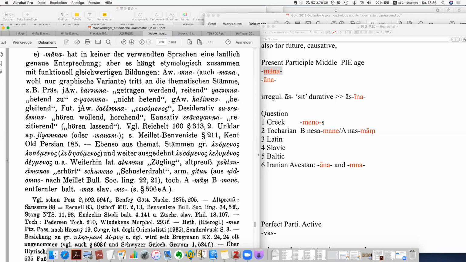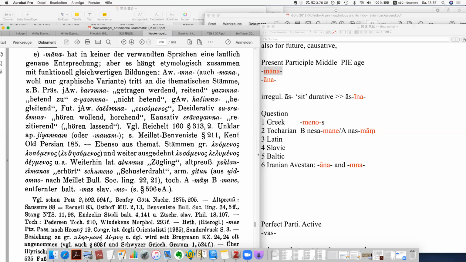So let's read some German, right? Māna hat in keiner der verwandten Sprachen eine lautlich genaue Entsprechung. So māna has no exact correspondence, genaue Entsprechung, exact correspondence phonologically, lautlich, in no other related languages.